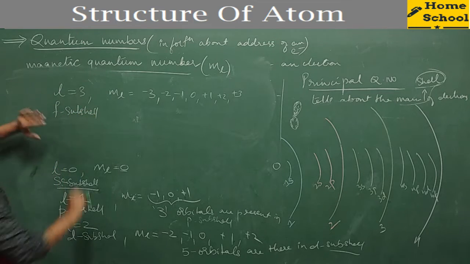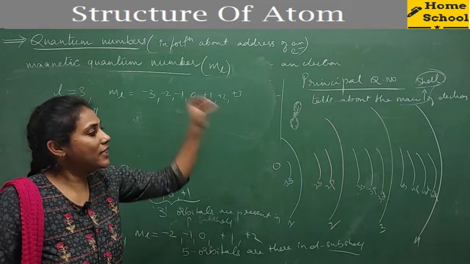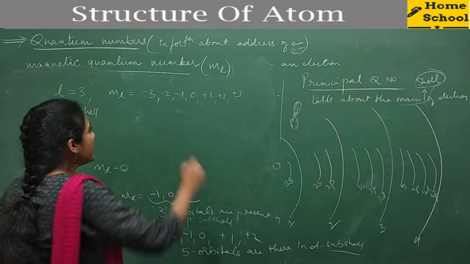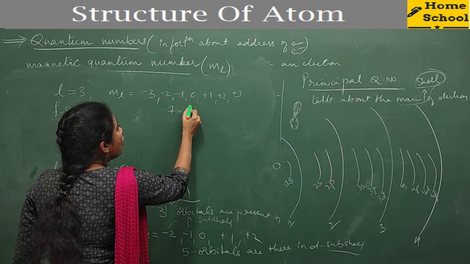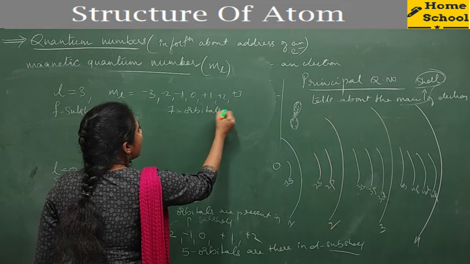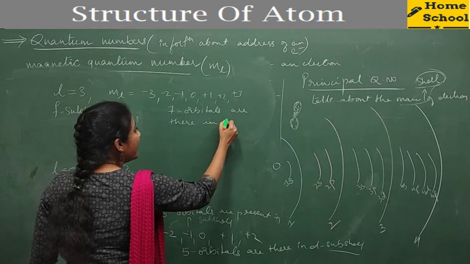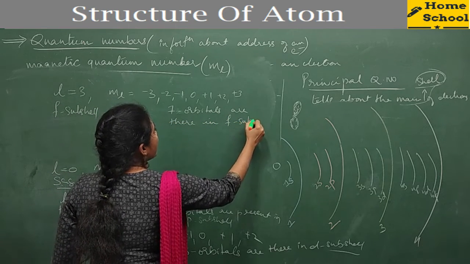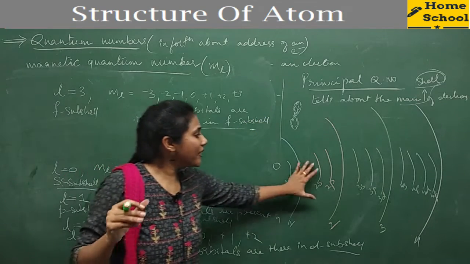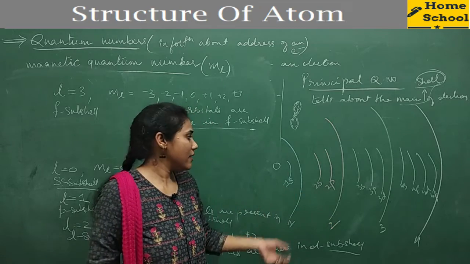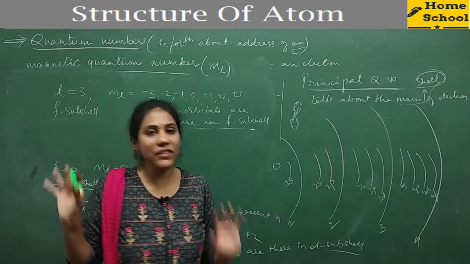So how many orbitals are there in the F district? 1, 2, 3, 4, 5, 6, 7. 7 orbitals are there in the F subshell. Got to know? So this is how each and every subshell has some orbitals. So if you see the S subshell, it will not have any orbital. That itself is an orbital.